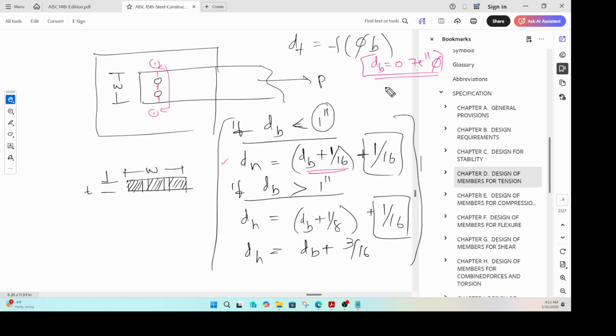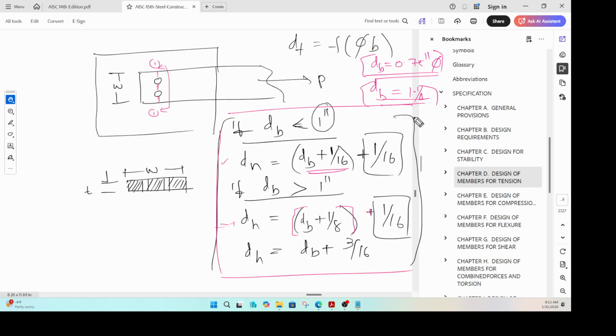But if your dB is, let us say, 1.25 inch, which is greater than 1 inch, then your nominal bolt diameter is itself an inch and a quarter plus an eighth of an inch. To that, you will have to add another 16th of an inch to calculate your d hole diameter.